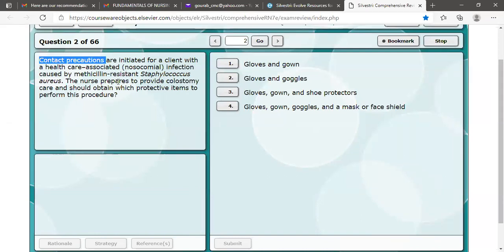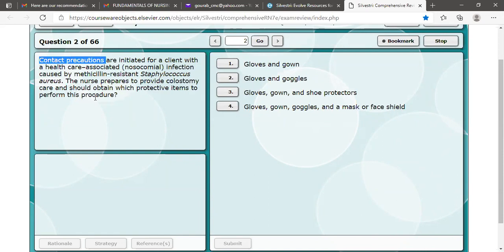The nurse is preparing to provide colostomy care and should obtain which protective item to perform this procedure? So the question is important here. It is a contact precaution, my friend.